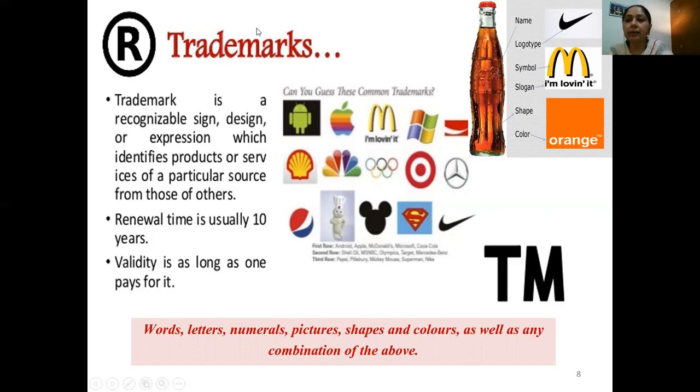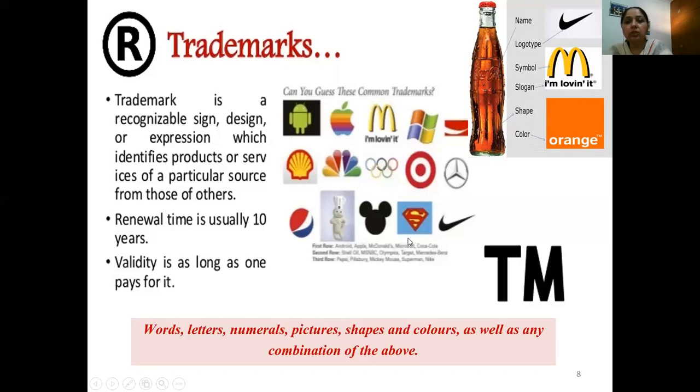If you look at the bottle here, the bottle has its trademark, the shape, the name imprinted on it, Coca-Cola. Now the Nike logo type, this is a symbol of McDonald's. This is a slogan. IBM has its own pattern of lines, Pillsbury, right? Android.